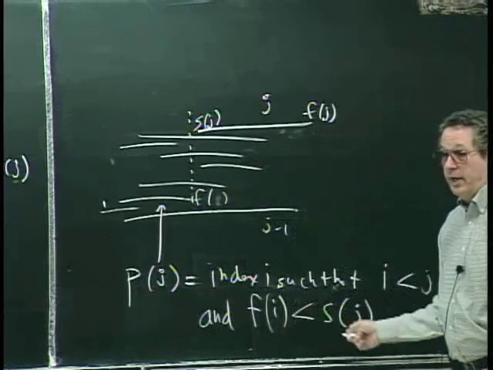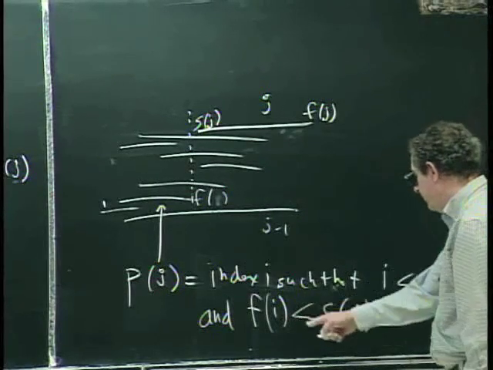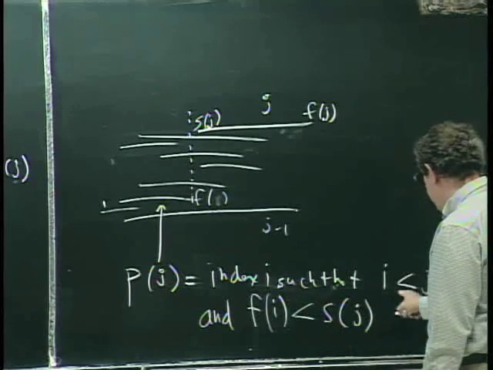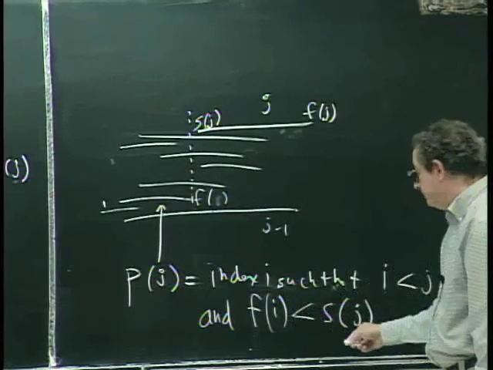So that means they don't overlap. The finishing time of i is less than the starting time of j, and i is less than j. These two together say that they don't overlap.